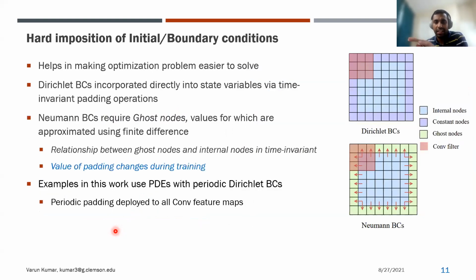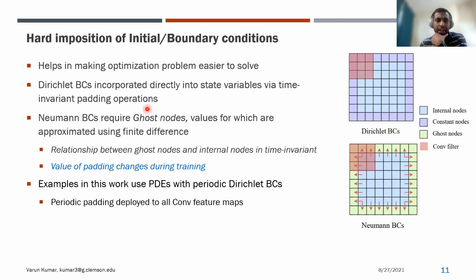One of the key ideas in this work, and one of the key propositions made by the authors, is that they have used hard imposition of initial and boundary conditions. The authors have claimed that this helps them make accurate predictions. How they have implemented this, there's not a whole lot of detail in this work, so I don't have enough information to explain how this all works.